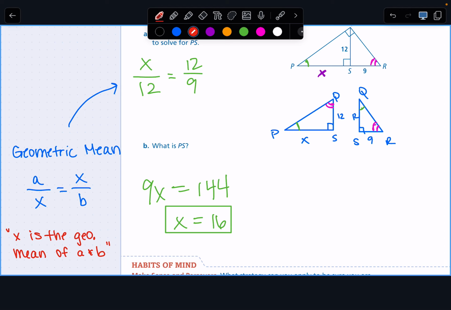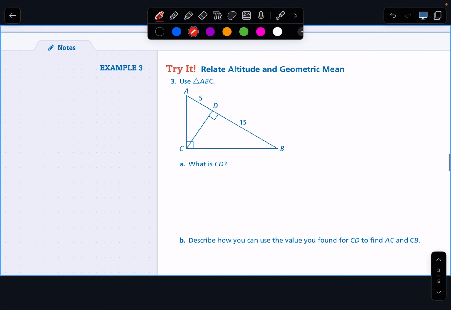Okay? So we know that we have all of these cool relationships happening. But we can be like, okay, we know what's happening. It's the geometric mean. We can kind of take a shortcut. We like shortcuts, right? So we're going to write a shortcut at the top of the next page. Are you ready?